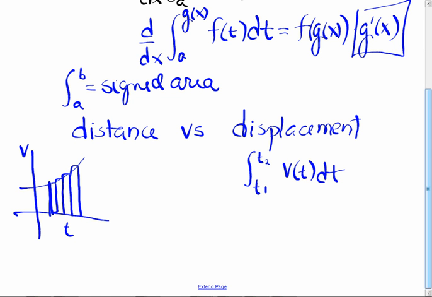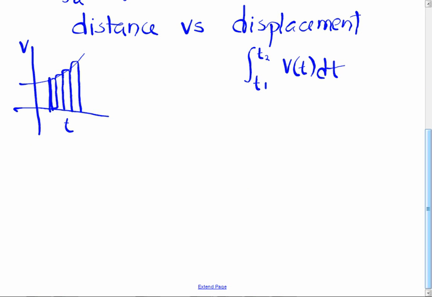Now I stand here and I walk to my desk and I walk back again. My displacement is 0. So when you do the integral, because that's a signed area, that could be 0. But what about the distance? It's not 0. It's 2 times the distance I actually walked. So how am I going to fix that? Now, this would be a calculator question. It would be the integral from t1 to t2, but we would have to do what with the velocity? Absolute value.